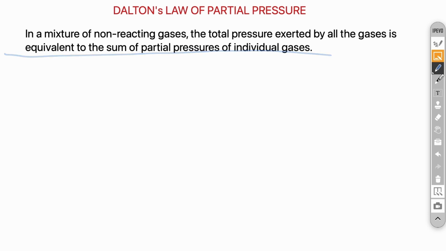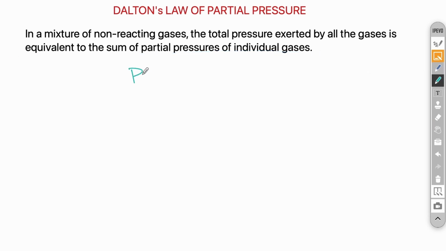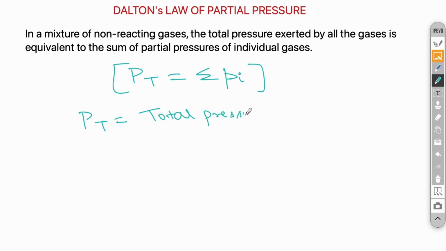So the total pressure exerted by all gases is equivalent to the sum of pressure of individual gases, that is Pt is equal to sigma Pi. Here, Pt is the total pressure exerted by all the gases, and Pi is basically the partial pressure of the ith gas.